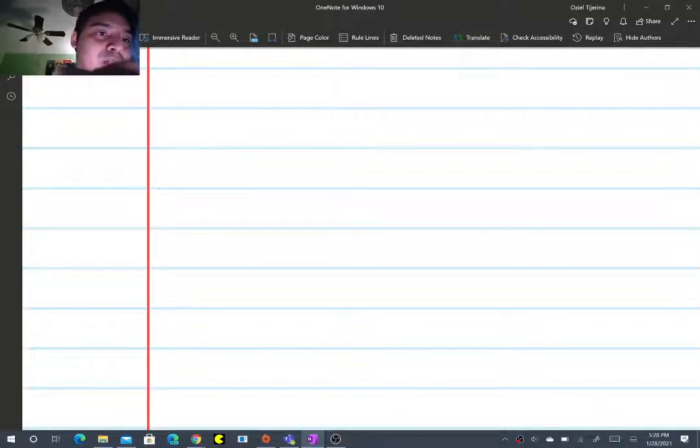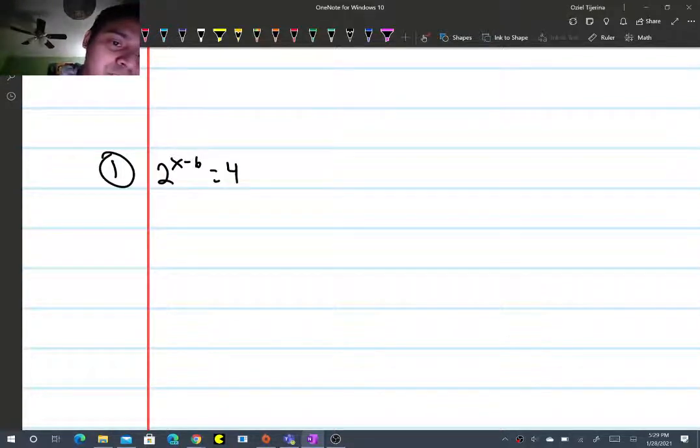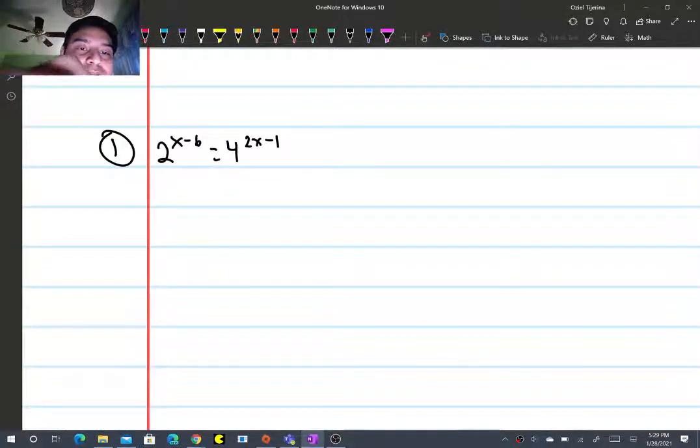Okay, so we're gonna look at an example. We have 2 to the x minus 6 equals 4 to the 2x minus 1. Now one of the rules that you have to do for this is you have to make the bases equal.